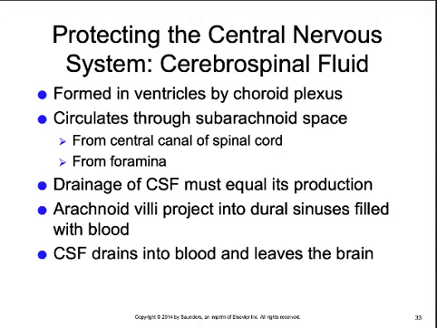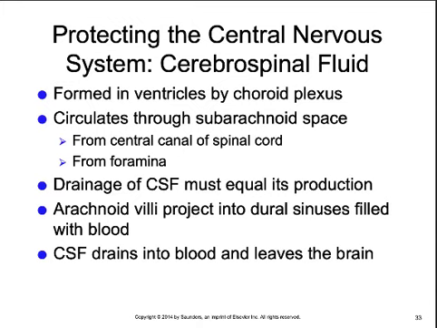And it also has median and lateral apertures that let the cerebrospinal fluid escape the fourth ventricle and bathe the entire outside of the central nervous system, flowing through the subarachnoid space. And this fluid rejoins the blood supply in the dural venous sinus, which is a blood-filled area between the two layers of dura surrounding the brain, where little protrusions called arachnoid granulations let that fluid re-enter the blood supply so that we have a continuous flow.